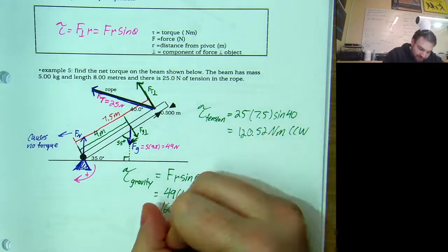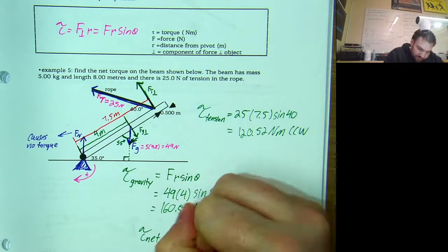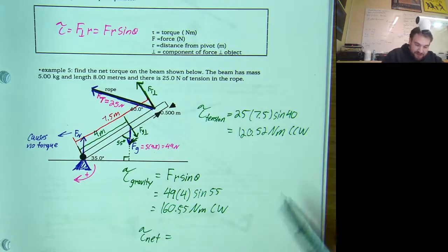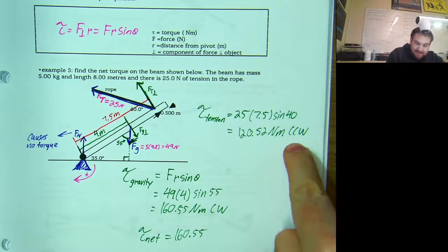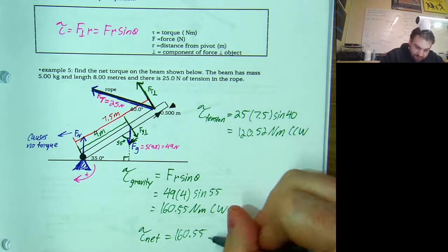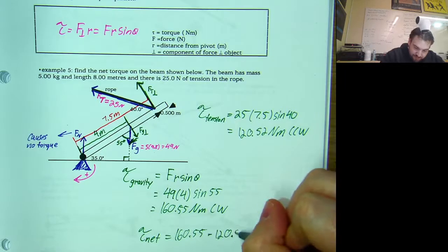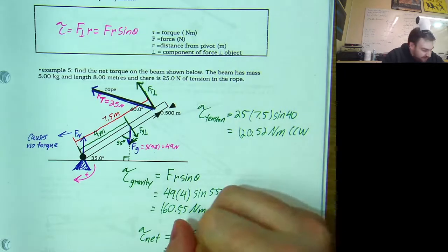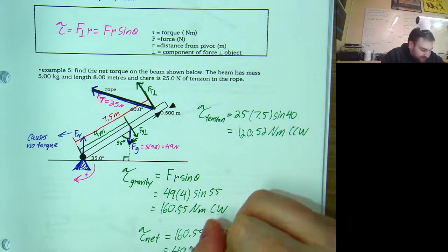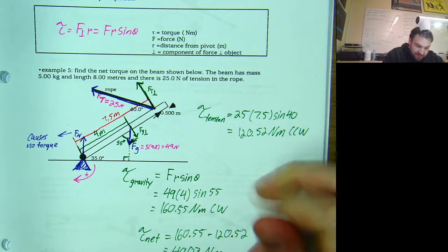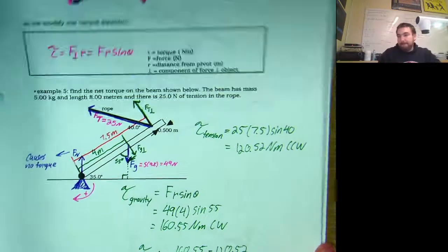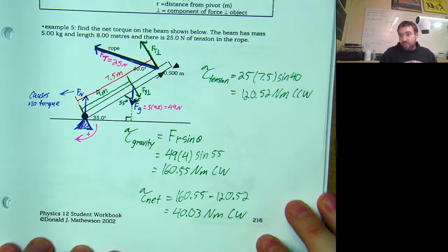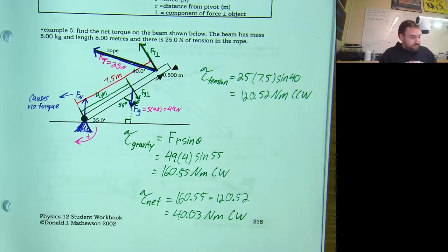So then my net torque is going to be, if I said clockwise is positive, 160.55 minus, because that's counterclockwise, that's negative, 120.52, which gives me a net torque of 40.03 Newton meters. It's positive, so that's clockwise. Oh, sorry. And we're done. Okay.